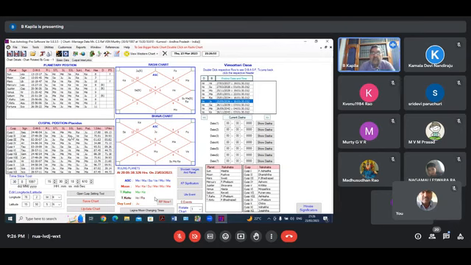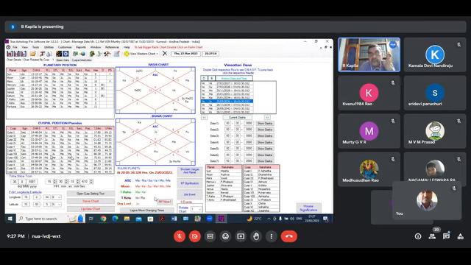Only if this condition is fulfilled, then and only then will the planet act as a bhukti lord. Now, among all these planets, if you look at the cuspal co-rulers of the 7th cusp, they are Mercury, Jupiter, Mercury and Moon.